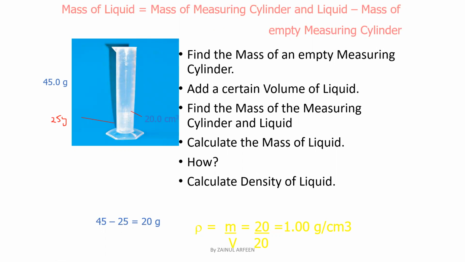Is it clear how we can work out the density of the liquid? For liquids, first we have to measure the mass of the measuring cylinder or any container. Then we measure the mass of the container with liquid and subtract the two masses to get the mass of the liquid. The mass of the liquid divided by the volume gives the density of the liquid.